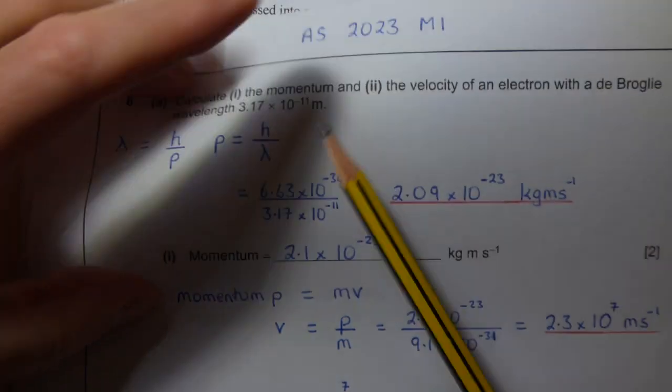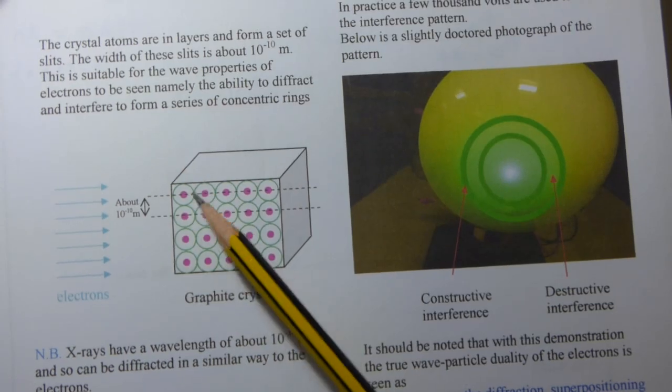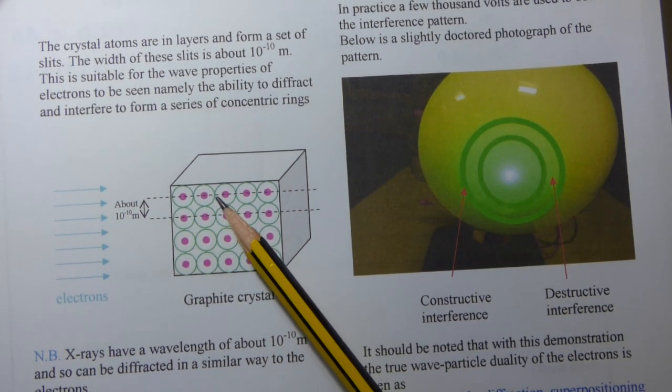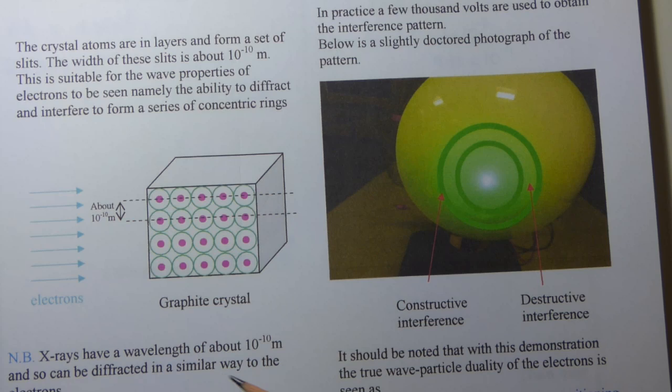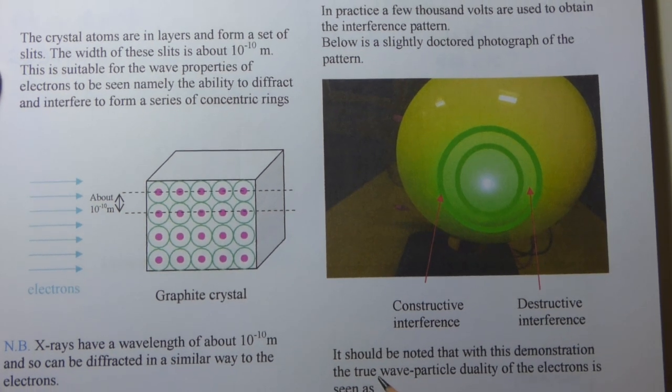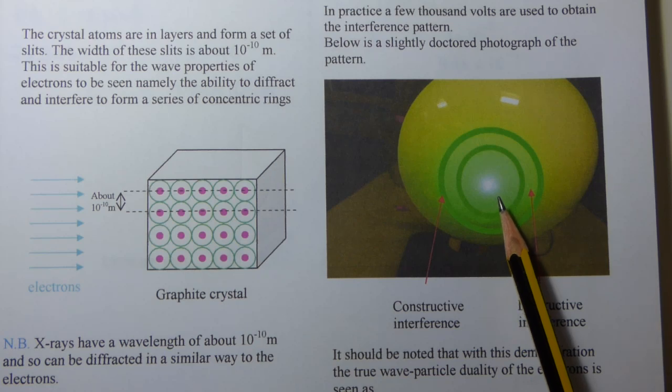3 times 10 to the minus 11, and the gaps between layers are not far off that at all. So they fired some electrons through this just to see what would happen. And diffraction was seen together with interference. This is a slightly doctored picture of one.